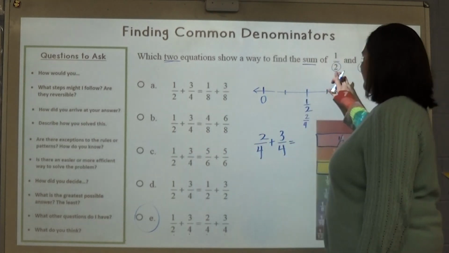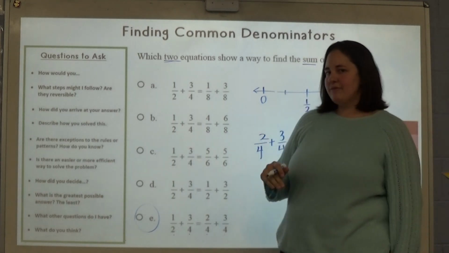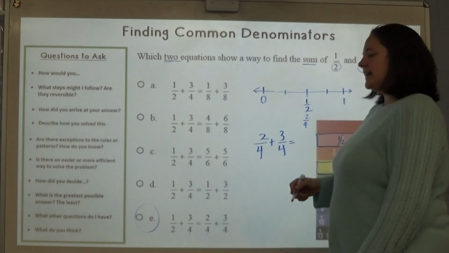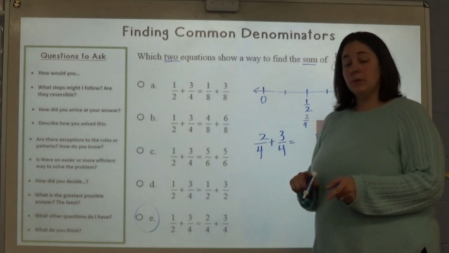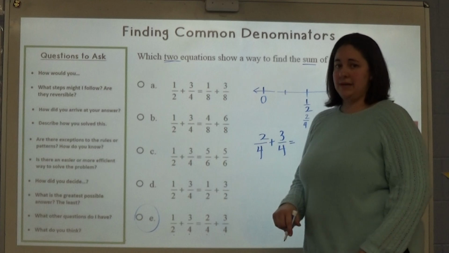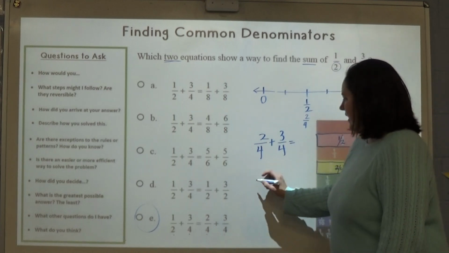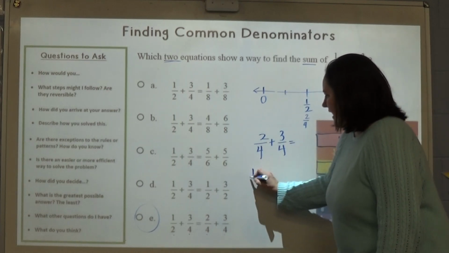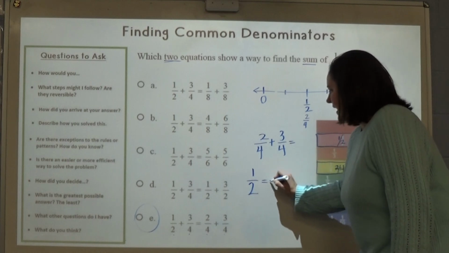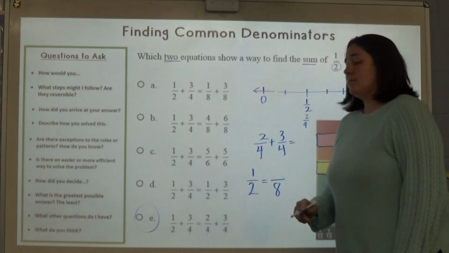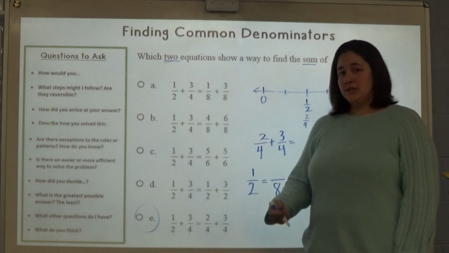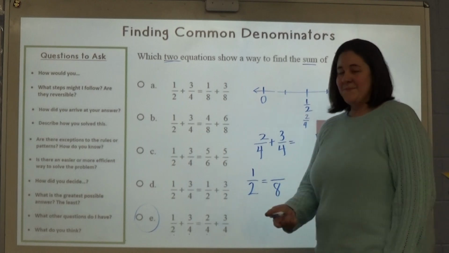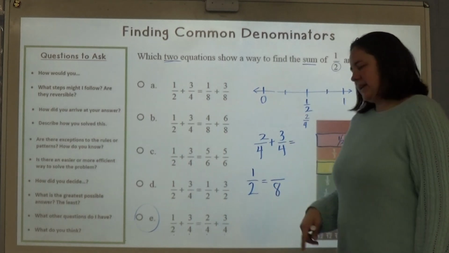So let's go ahead and think about 1/2 becoming 8ths, okay? I'll show you this with multiplying the numerator and the denominator by the same number. So if we go ahead and take 1/2 and we want to make it 8ths, we can, because if we skip count by 2's, we will arrive at 8. 2 times what gives me 8?